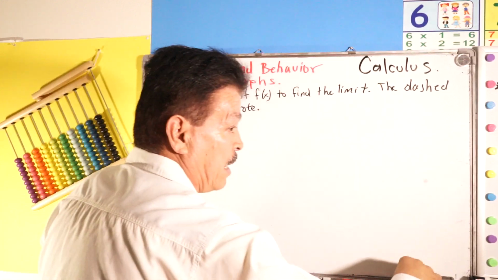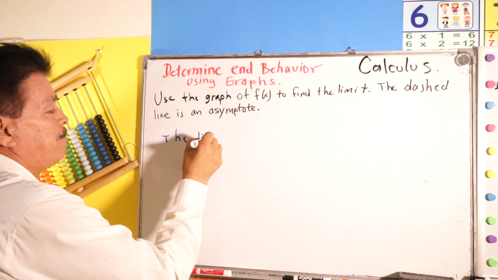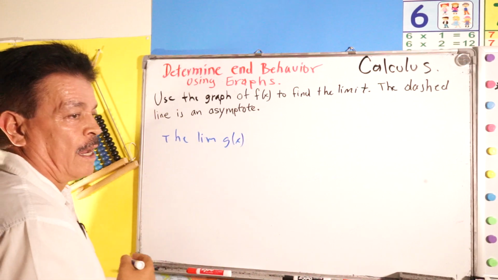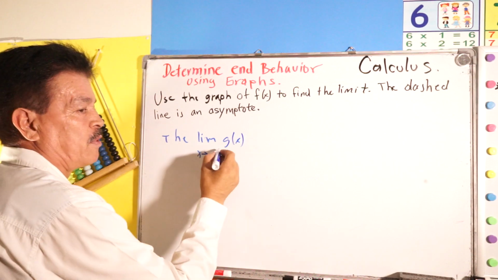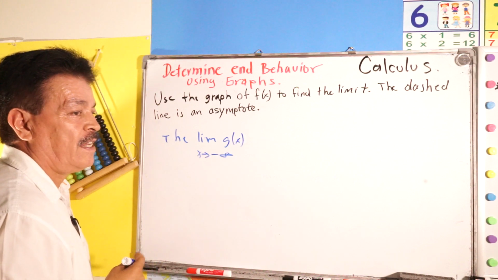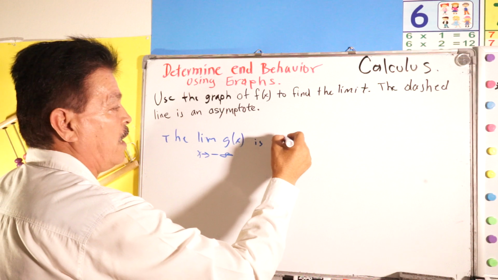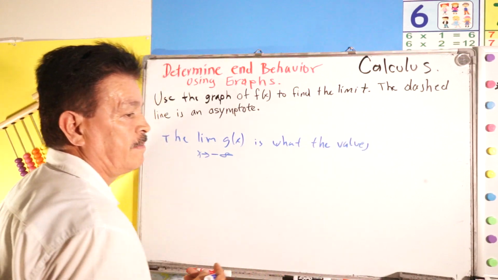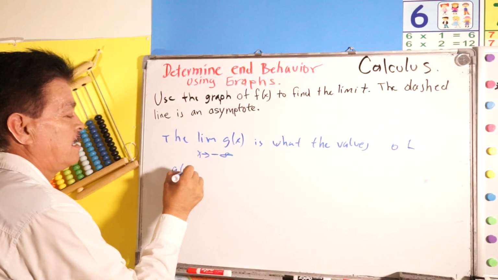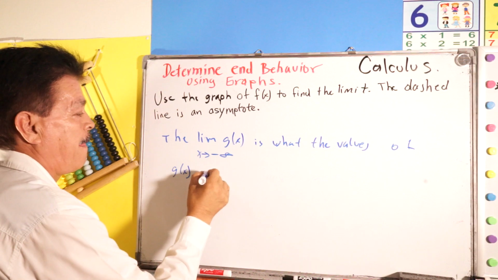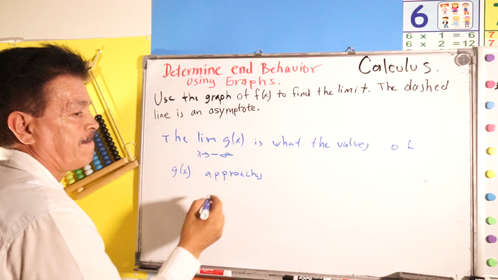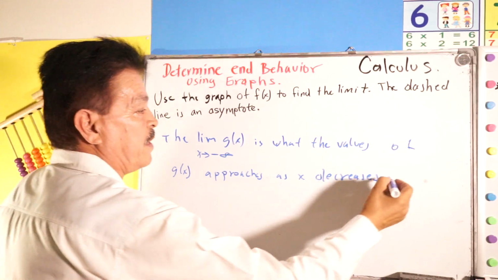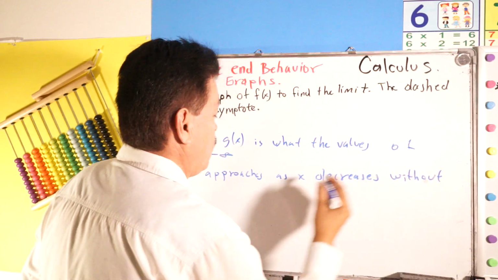So another great idea, the limit of g(x) as x approaches negative infinity is what the values of g(x) approach as x decreases without bound.